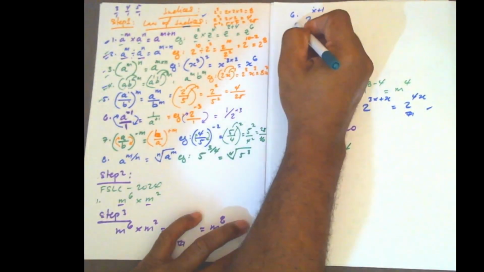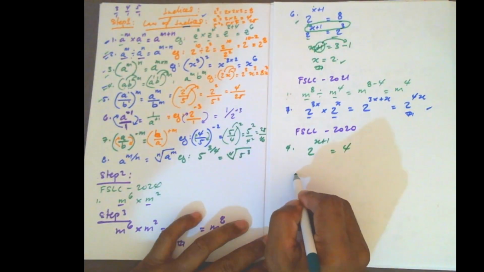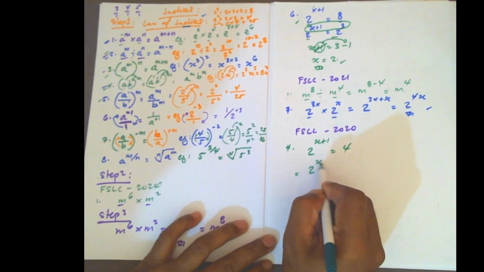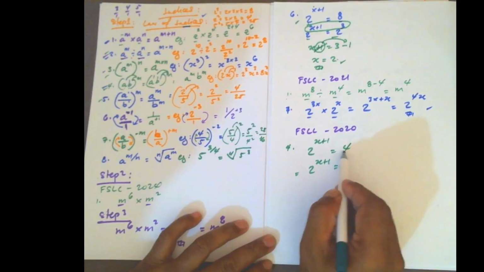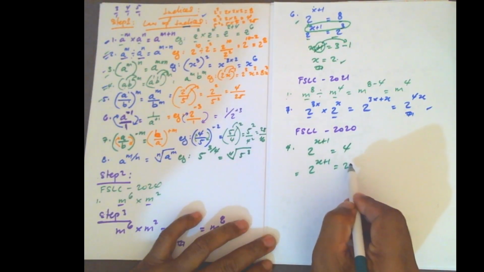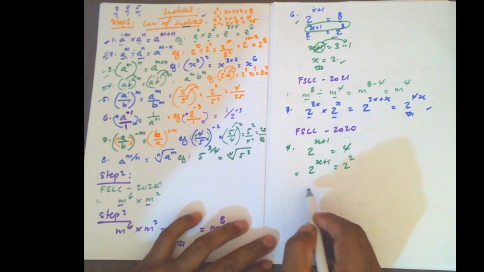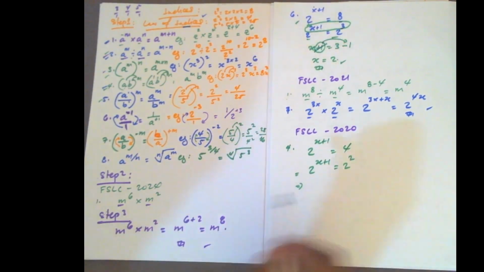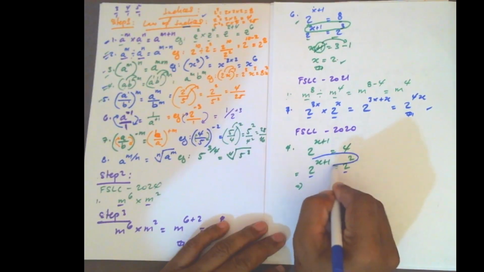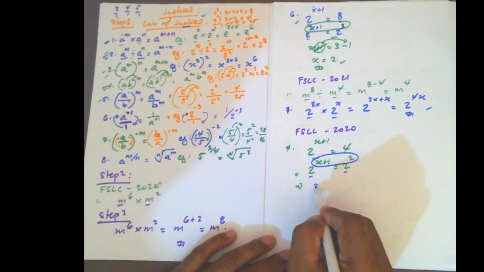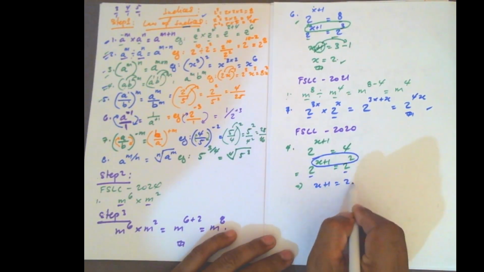Same approach here. I need to convert this 4 into base 2, so I'll say 2 to the power of 2 gives me 4. Since they have the same base, I'll consider the powers. So this is x plus 1 is equal to 2.